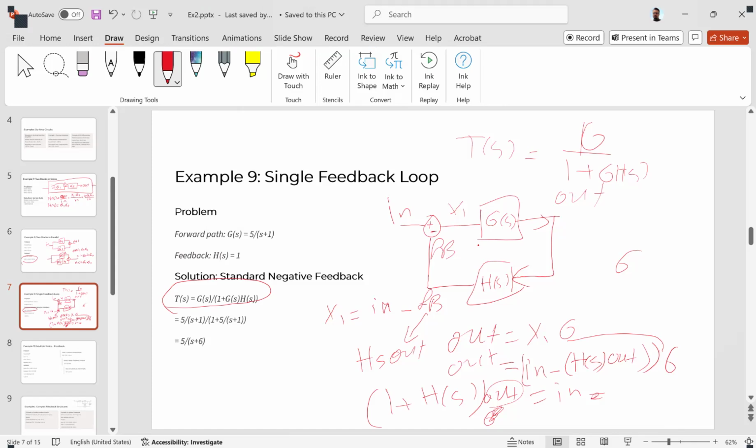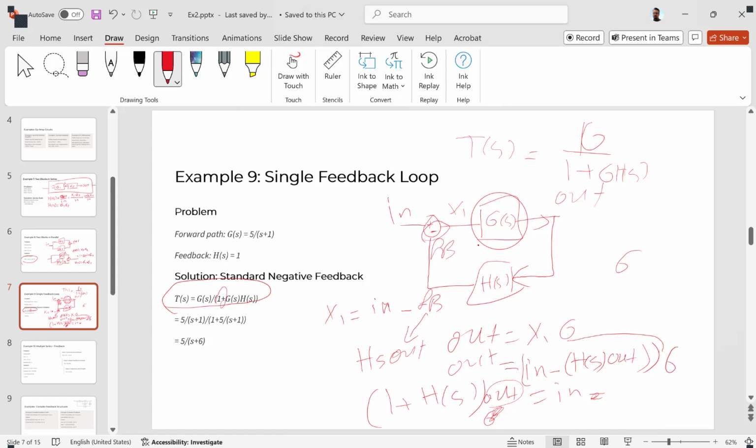The general transfer function would be the forward pass over 1 plus the forward times HS, which is the feedback. Now, that plus happened because here we have a subtraction.